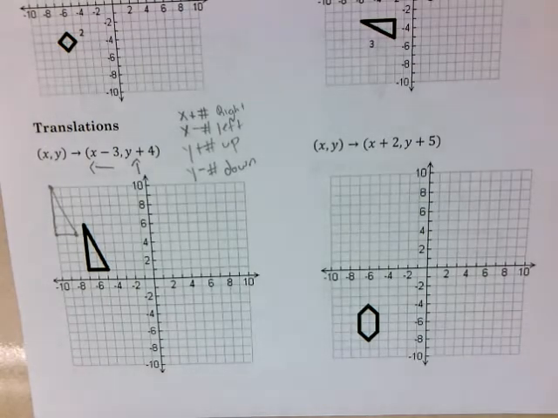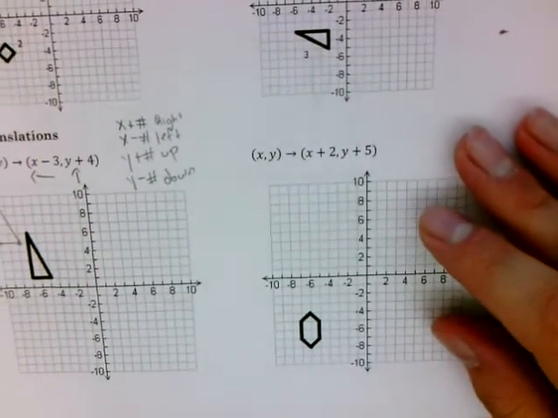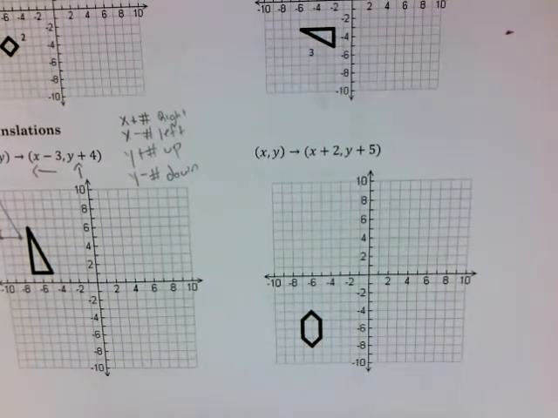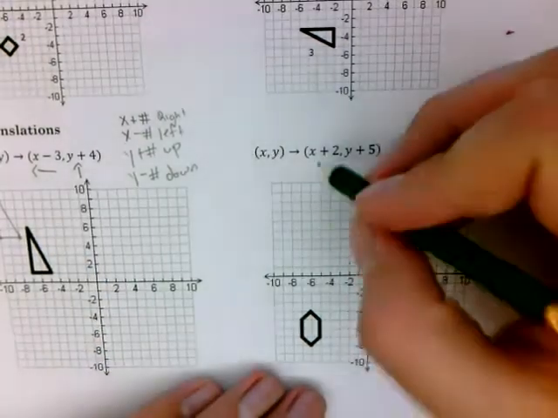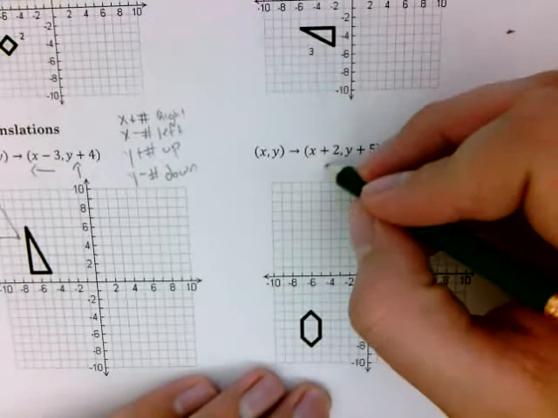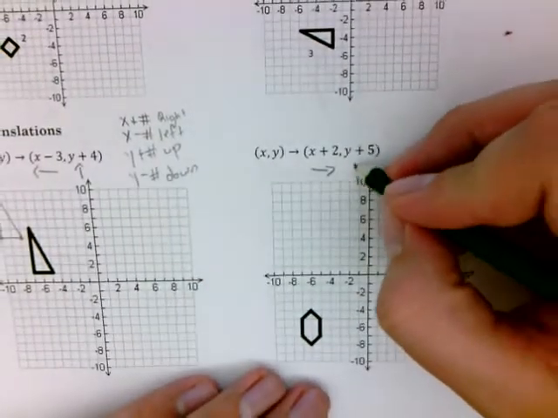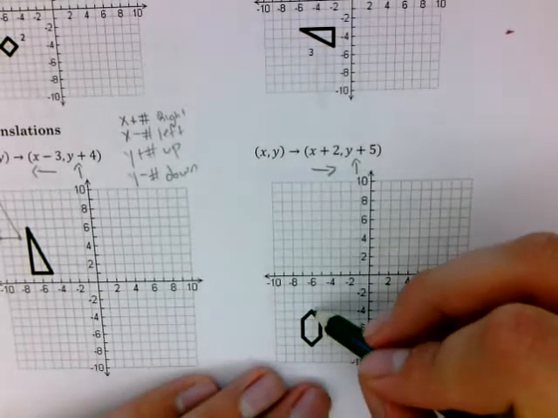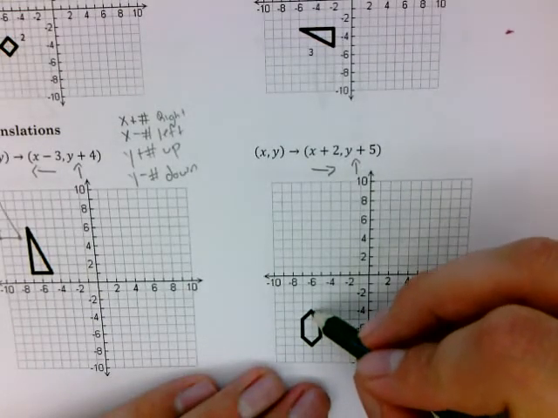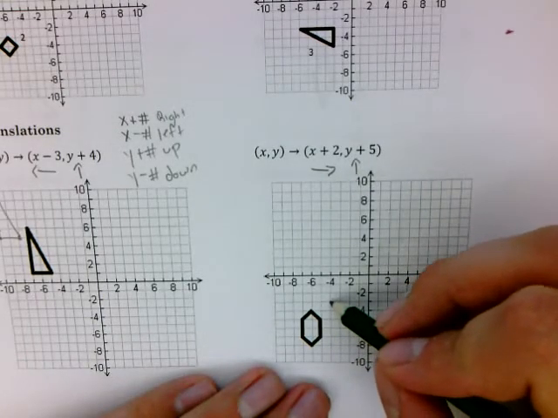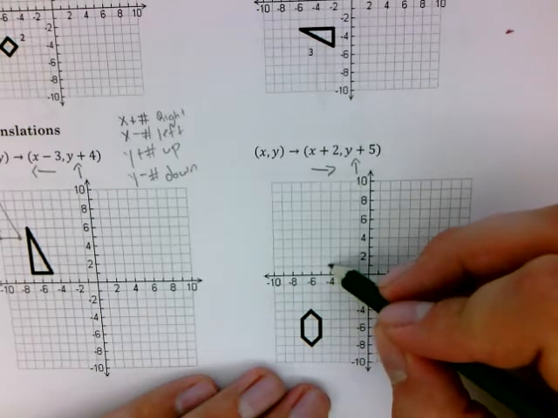Okay, next one. X plus 2, y plus 5. Well, x plus 2 means we go right, and y plus 5, y plus means we go up. So each point is going to go right 2, up 5. We go right 1, 2, up 1, 2, 3, 4, 5.